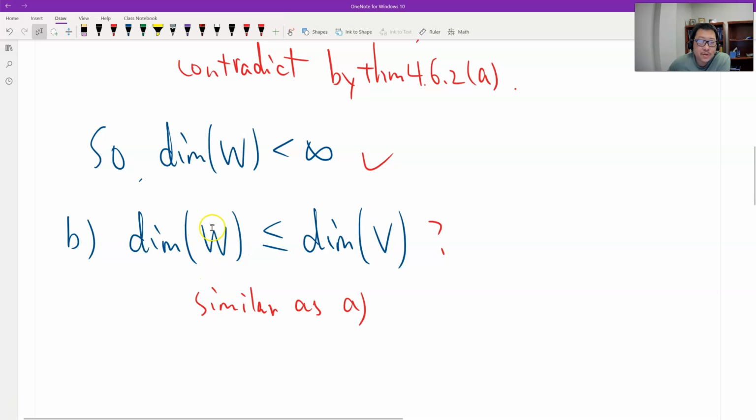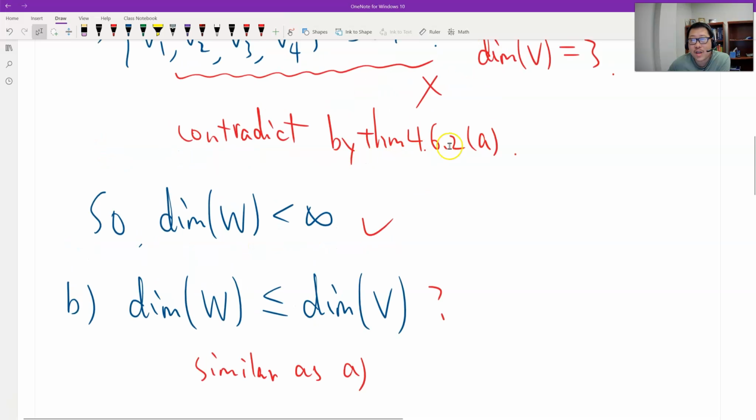If W has a dimension more than the dimension of the whole space, so more than 3, simply say 4, which means we have 4 vectors in the basis. It's impossible. It is contradicted by Theorem 4.6.2, because 4 vectors is more than the dimension 3, therefore they should be linearly dependent and not a basis, right? Okay, so I leave this for you.